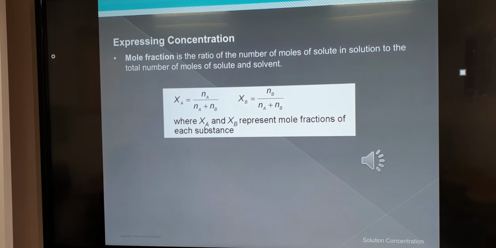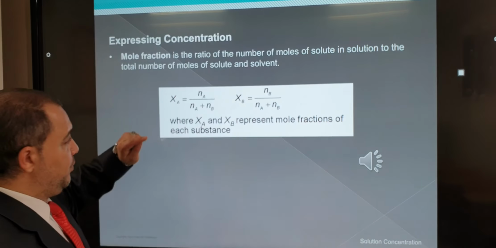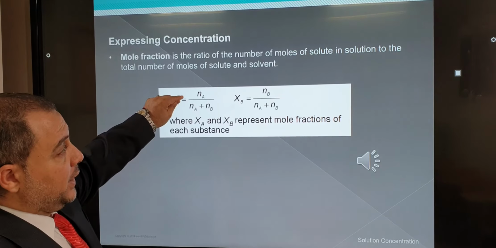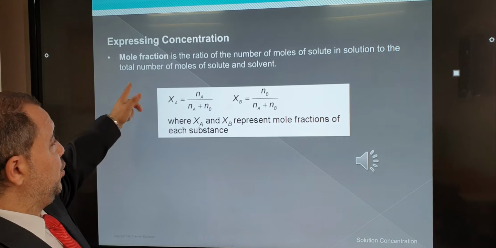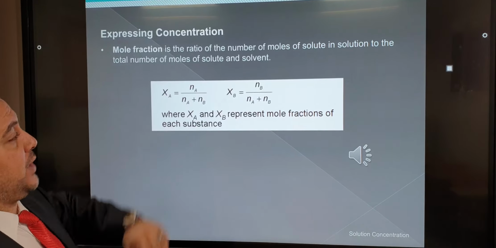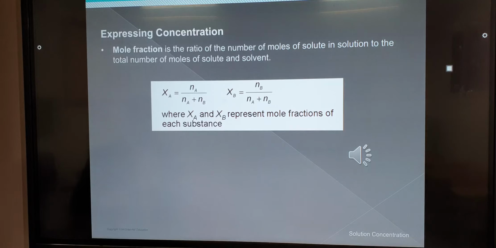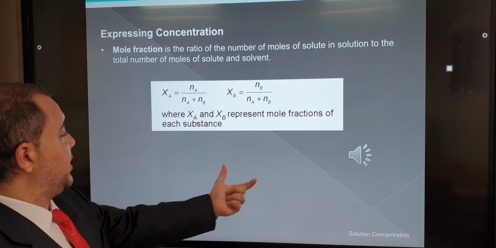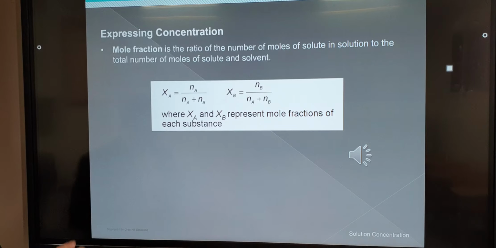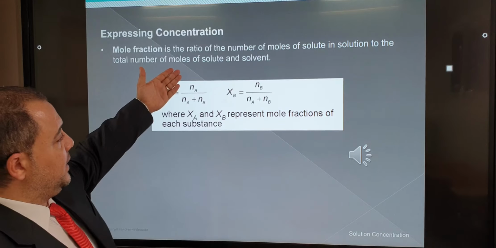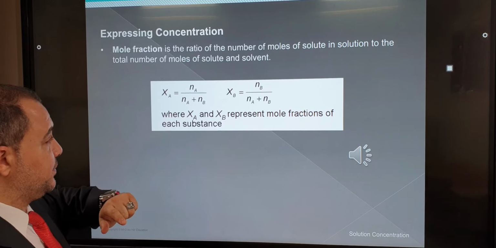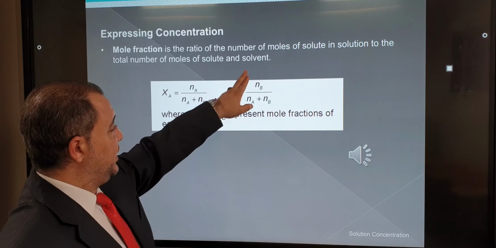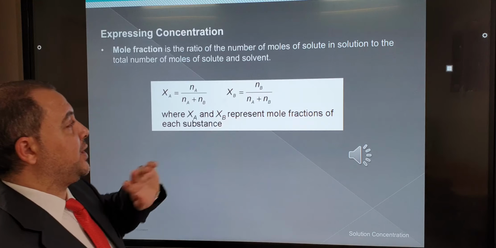So XA and XB are the mole fractions of each substance. XA equals Na divided by Na plus Nb. XB equals Nb divided by Na plus Nb.